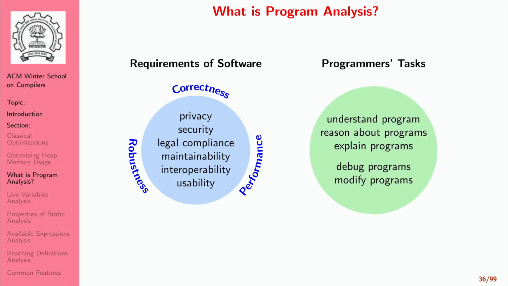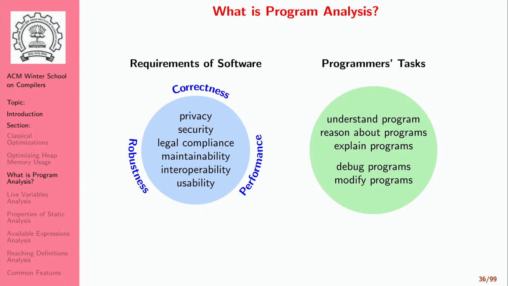So how are these requirements met? Well, a programmer is supposed to handle these. So what are the programmer's tasks? A programmer is supposed to understand the program, reason about the program, and explain the program to themselves and to other programmers, right?